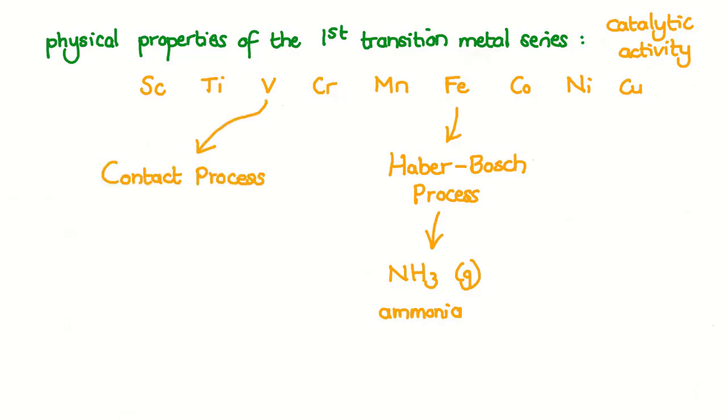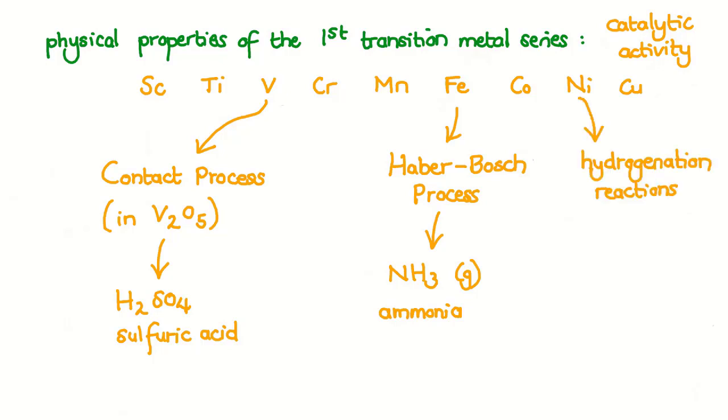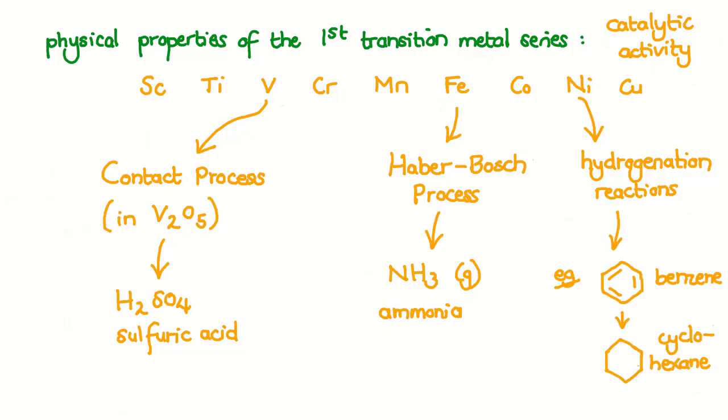Vanadium is used in the contact process in the form of V2O5 for the production of sulfuric acid. Nickel is used in a variety of hydrogenation reactions. An example of a hydrogenation using Raney nickel is the hydrogenation of benzene into cyclohexane. Transition metal catalysts and their catalytic activity are covered in more depth in another video.